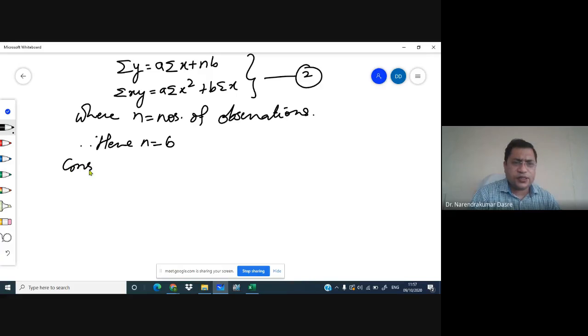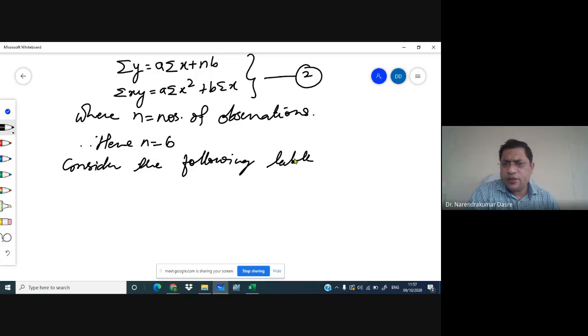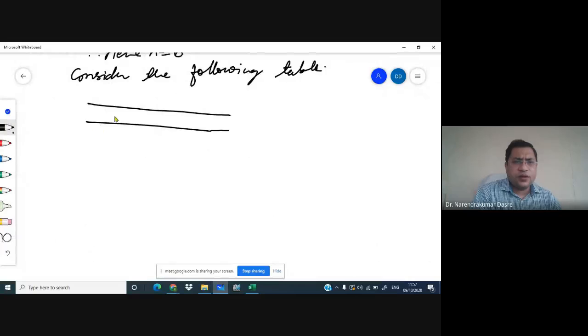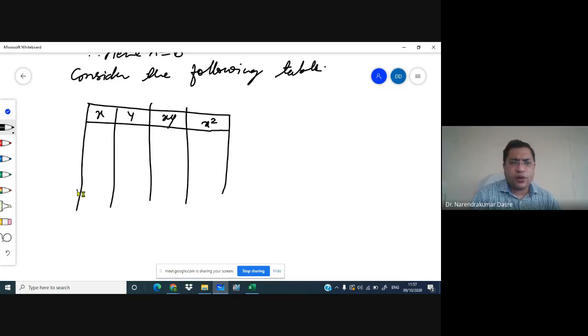Then what we can do is consider the following table. What is the table we want to have? See here, we will need x, y which is given to you, x into y and x square. These are the columns needed, and what we have to do is find the summation.